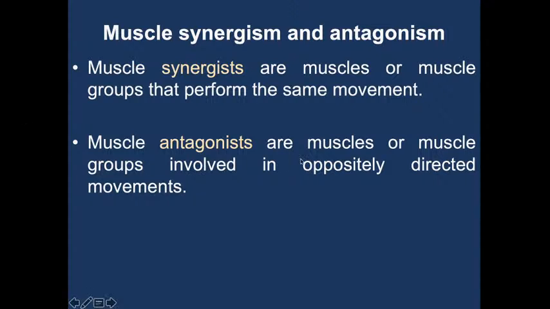But antagonists are muscles that are involved in different or oppositely directed movements, like biceps and triceps. Biceps is antagonist to the triceps muscle in our arm.